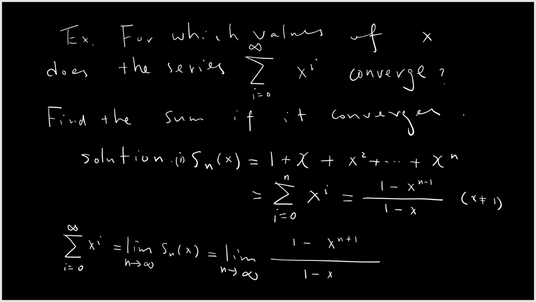Do not tell me the limit right away. Because x can take any value at this point, so not equal to 1, of course. X cannot take 1. Now to get the limit, we have some cases.